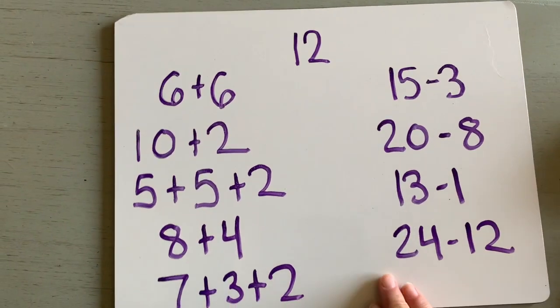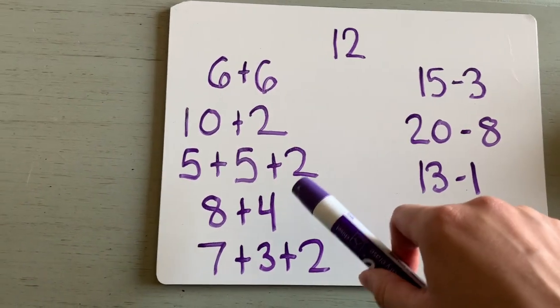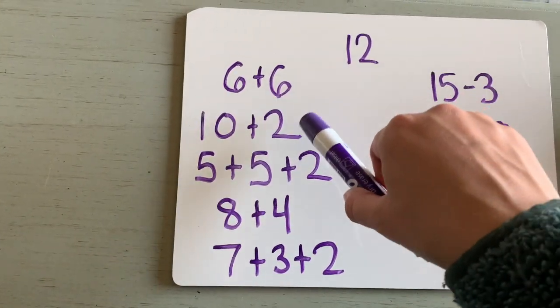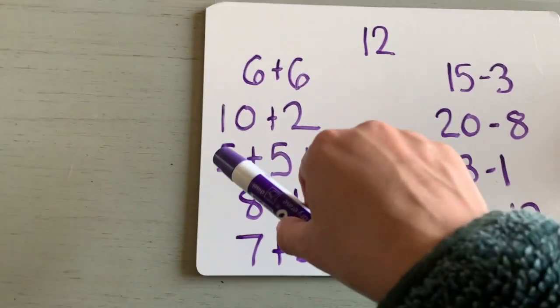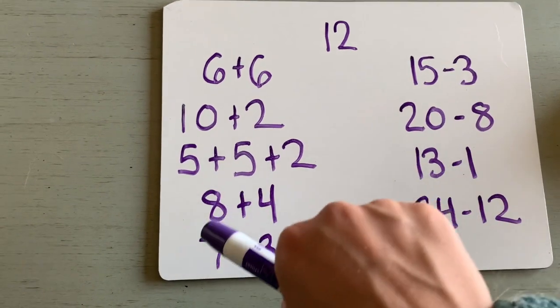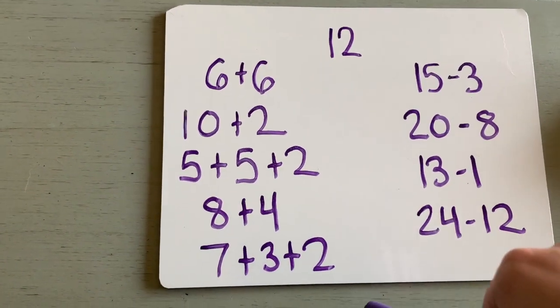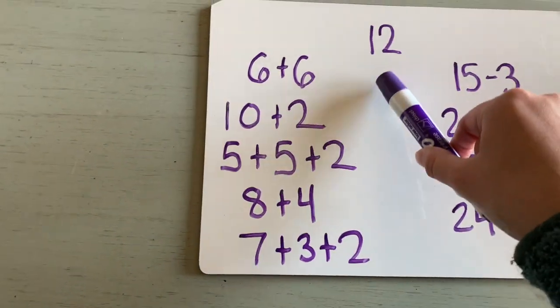So these are the ways that I thought of. Over here, I put the ways that I can add: 6 plus 6, 10 plus 2. I could add 3 numbers together: 5 plus 5 plus 2, 8 plus 4, 7 plus 3 plus 2, all different ways that equal 12.